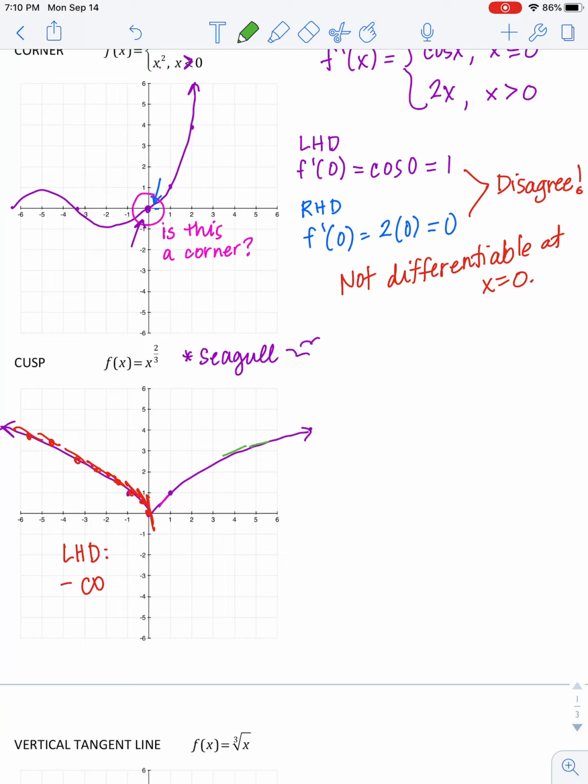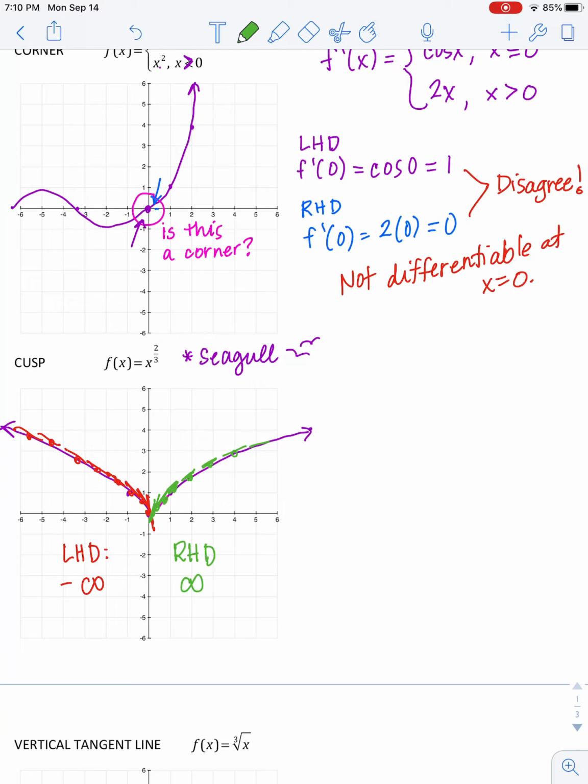The right-hand derivative, picturing tiny tangent lines again, also gets steeper and steeper as we approach 0 from the right. So the right-hand derivative is positive infinity.